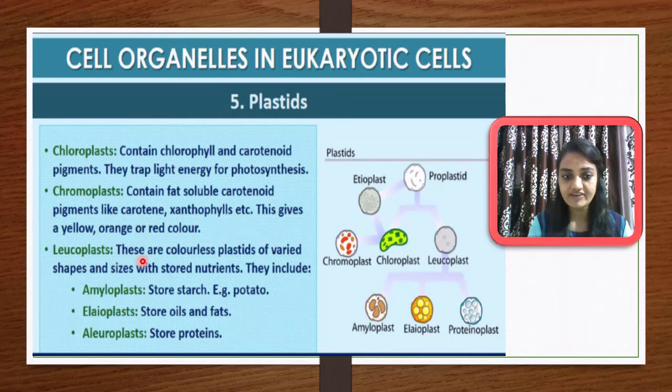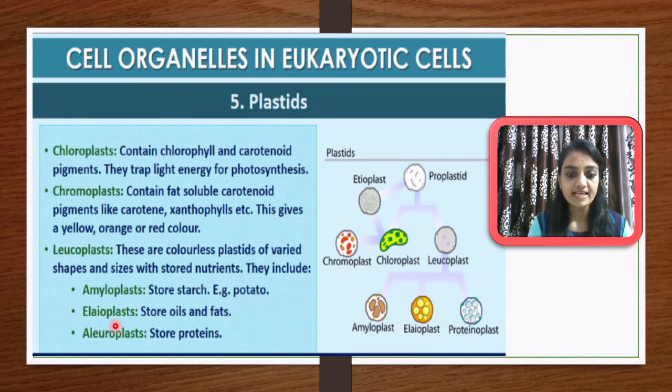So what is the definition? These are colorless plastids of varied shapes and sizes, and they store nutrients. The plastids that store nutrients are considered leucoplasts, and they include three types. Here you can see three types of leucoplast. Amyloplast: if the stored food is starch, then it is considered an amyloplast, which is present in the potato.